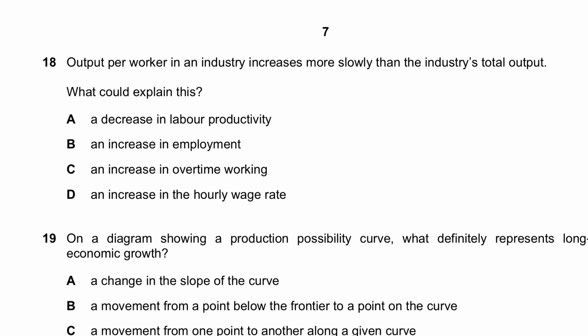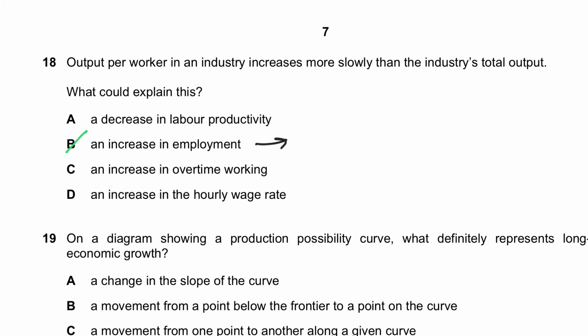In question number 18, they say output per worker in an industry increases more slowly than the industry's total output. So the output per worker is increasing but slowly, but the industry total output is going up, which means there must be an increase in employment. If there is an increase in employment, what does that mean?